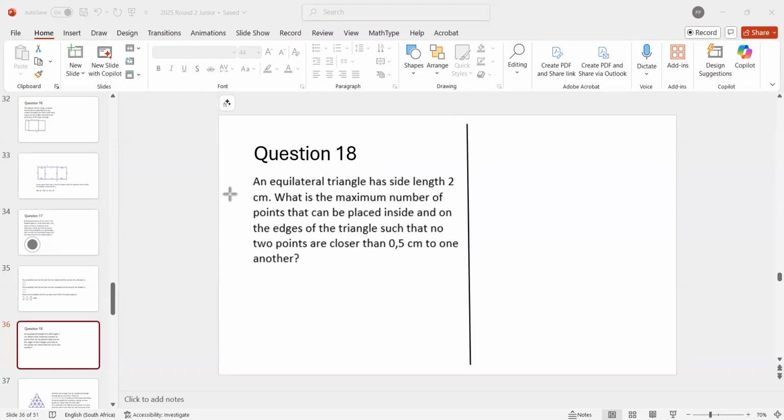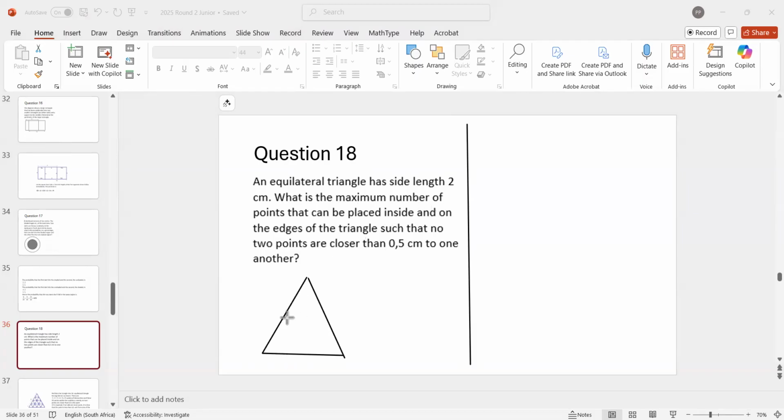So you've got the equilateral triangle with side 2 centimeters. Let's just draw this equilateral triangle. Not bad. It looks like an equilateral triangle.